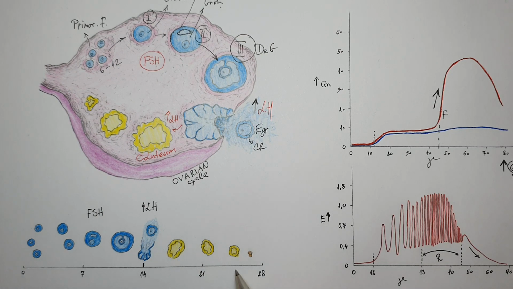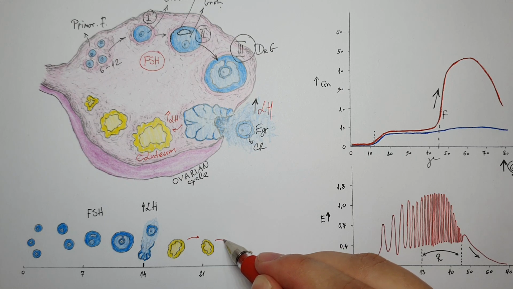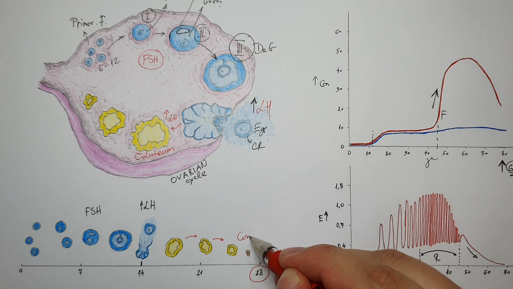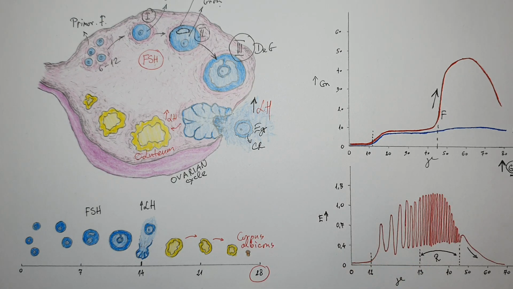But somewhere at the 25th day, if the cycle is lasting 28 days, what is the norm, the corpus luteum is shrinking, so it is using up its biological potential, and it will in the end become the corpus albicans, or the white body, which actually doesn't produce hormones, and it is just scar tissue that will be absorbed.